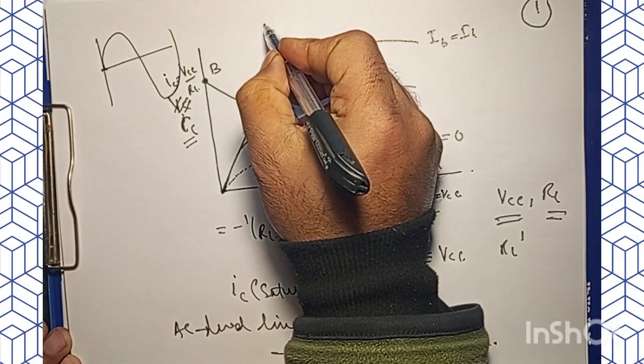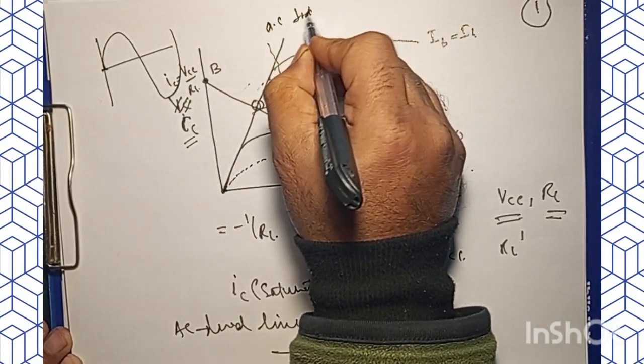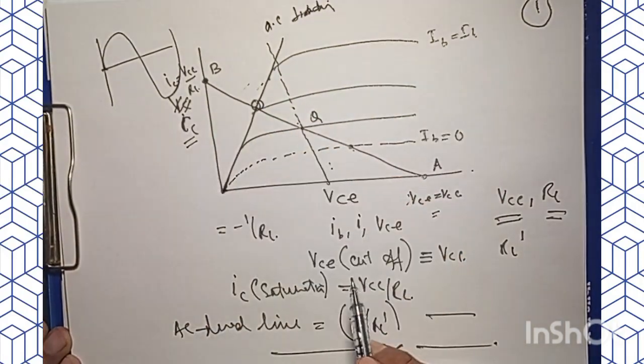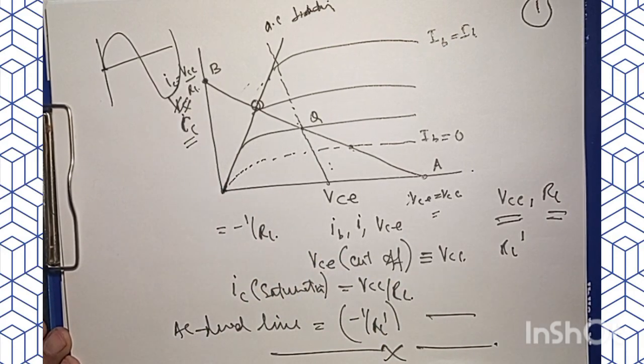So this is my AC load line. For the sake of understanding, there can be a range of AC load lines, and this is my DC load line for the transistor in common emitter configuration.